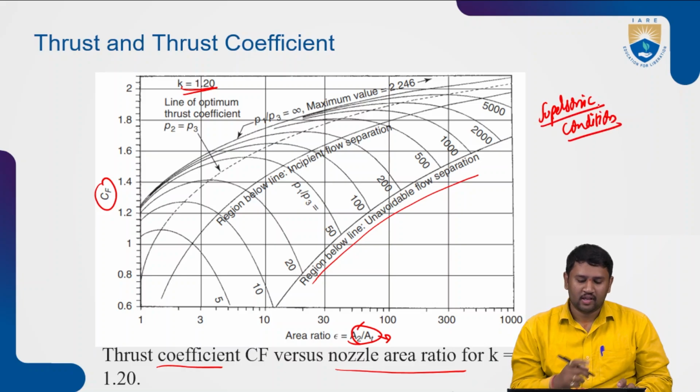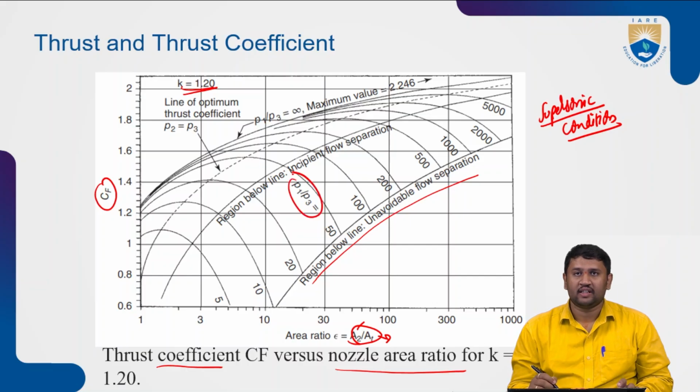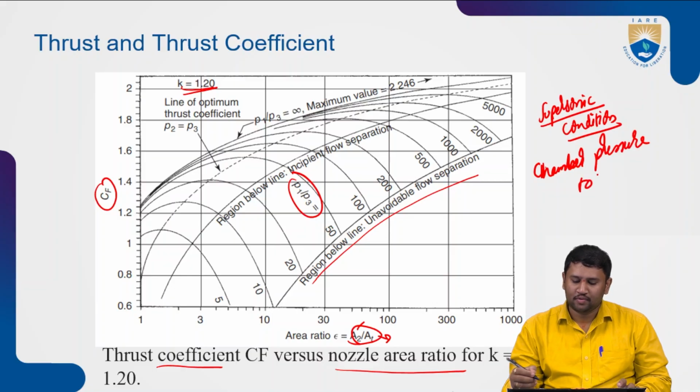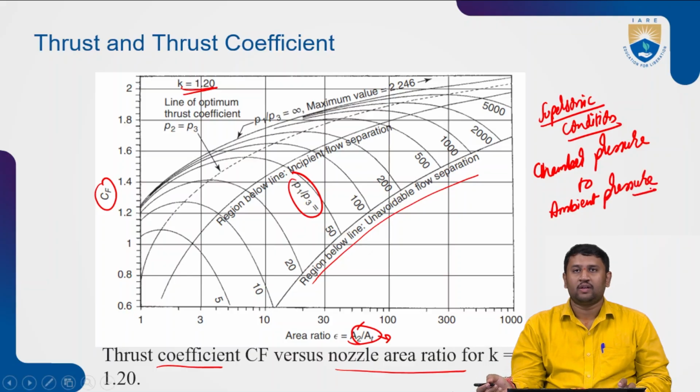Right? Now, under this, what we have for different pressure ratios, that is P1 to P3, the chamber pressure to ambient pressure, right?